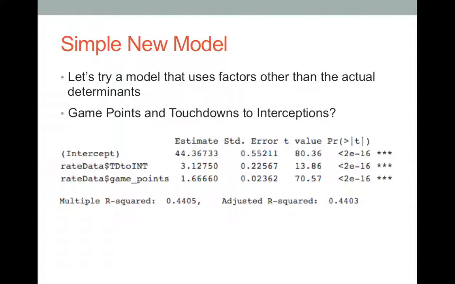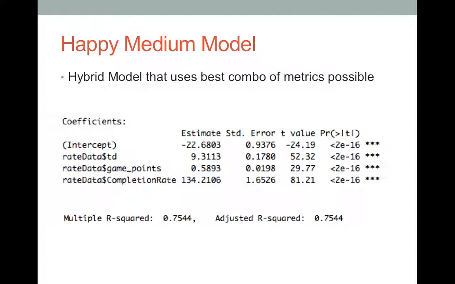That kind of proved me wrong, since I was hoping that if they had a lot of points scored in their game and a bunch of touchdowns, that would lead to a good rating, and vice versa. So I decided to do a happy medium model where we just look at touchdowns, game points, and completion rate.